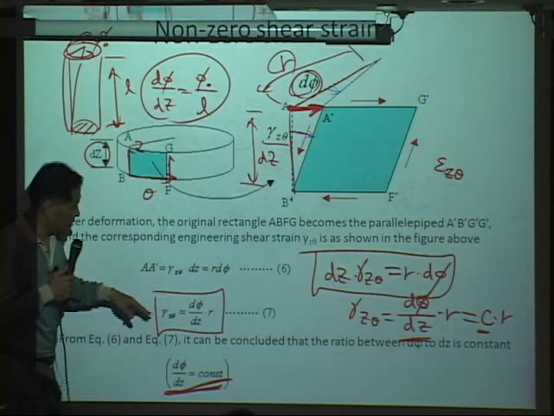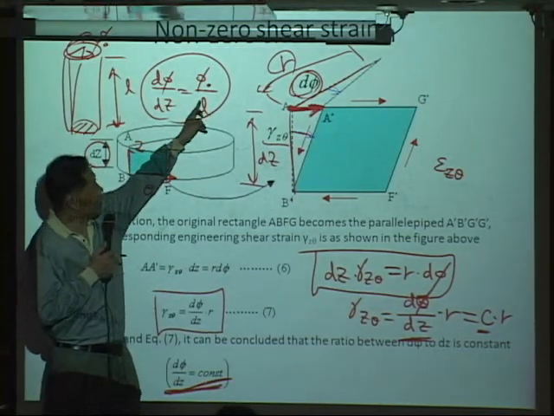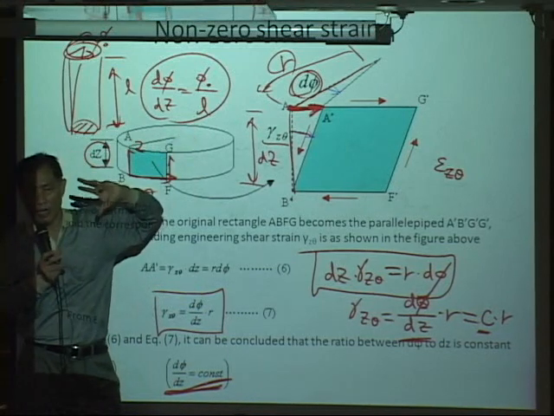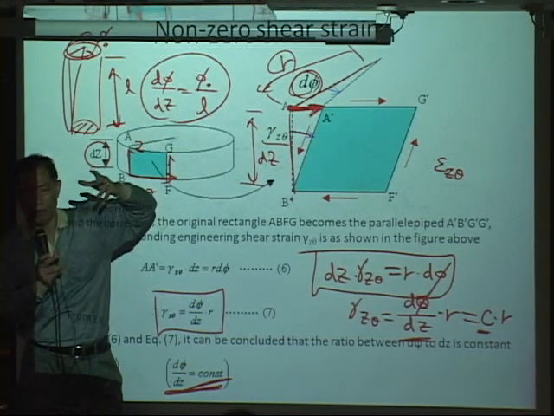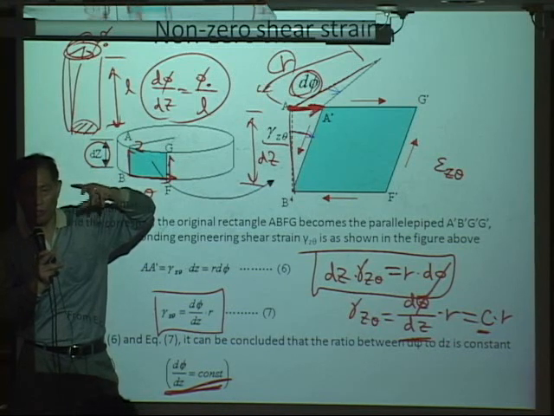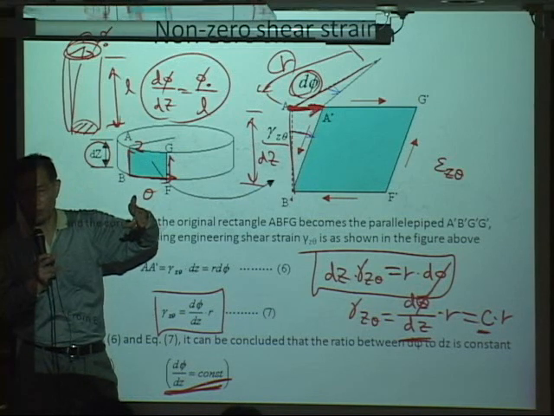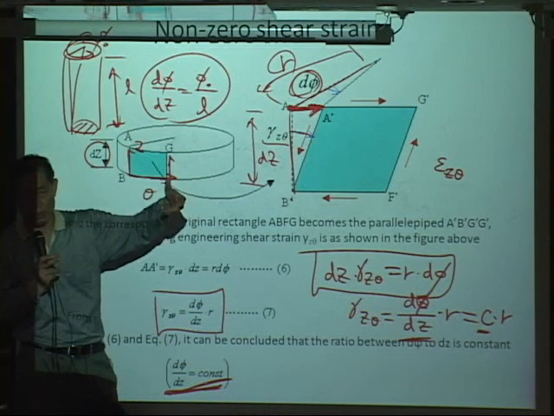Let me ask, d phi dz or phi 0 over L. That is the amount of rotation of the shaft. That amount of rotation will be simply proportional to the torque you apply, right?